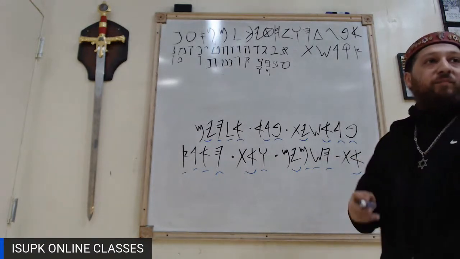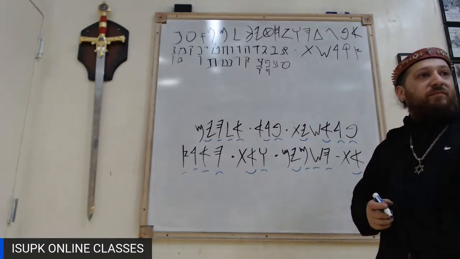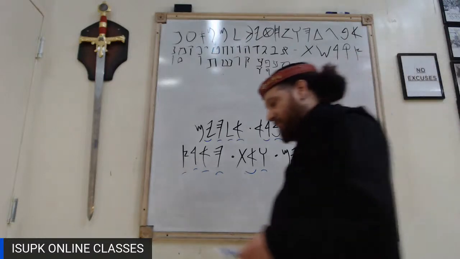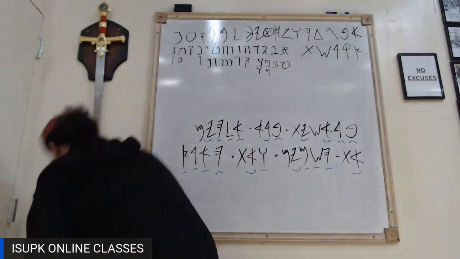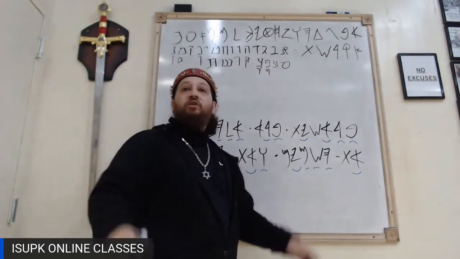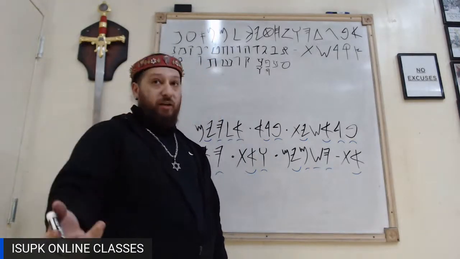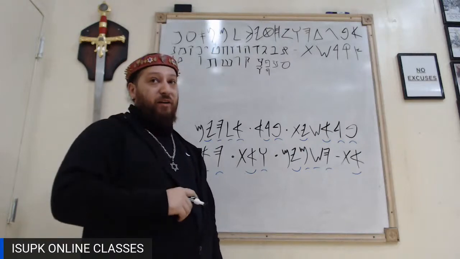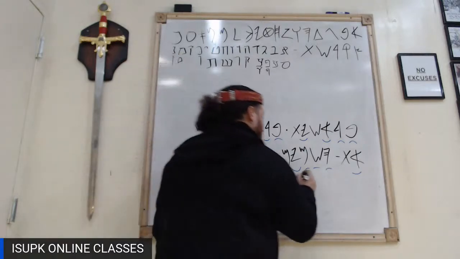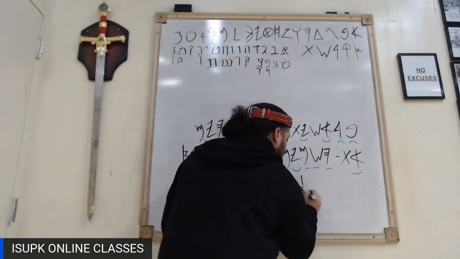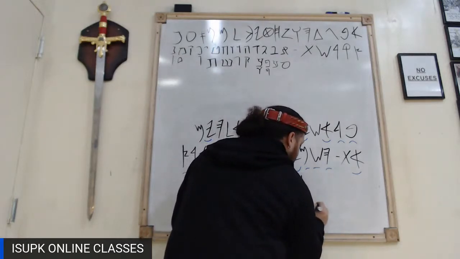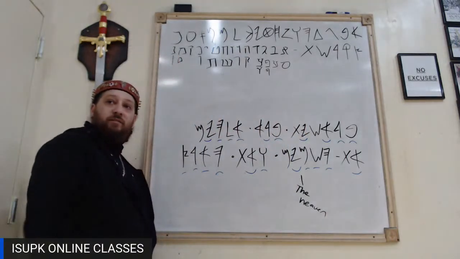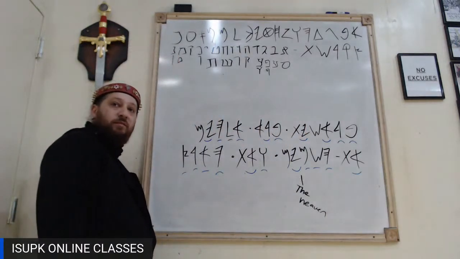What's hashemayim? Shemayim is heaven. So hashemayim, the heavens. Harataza, the earth.